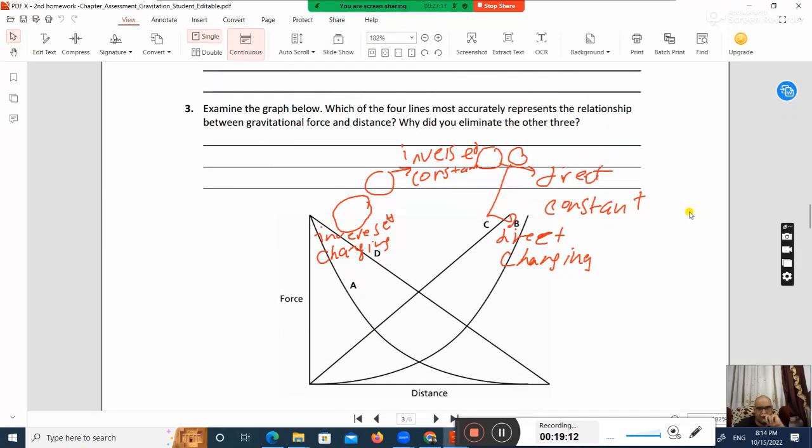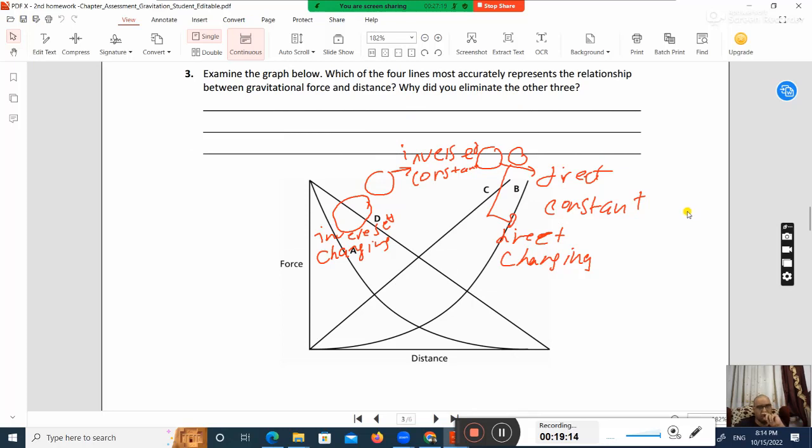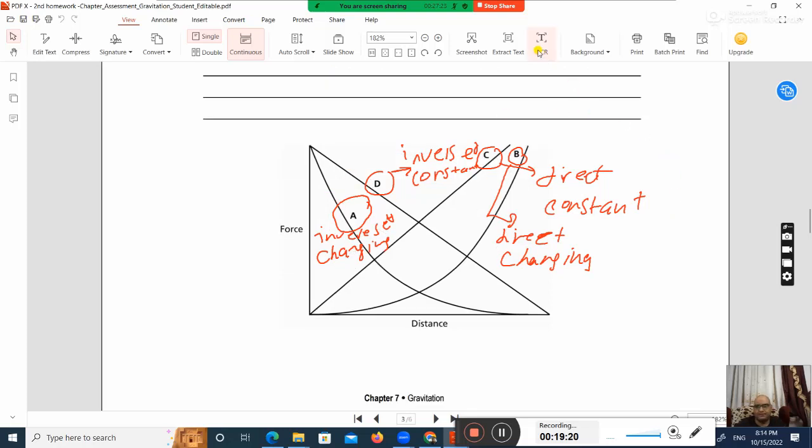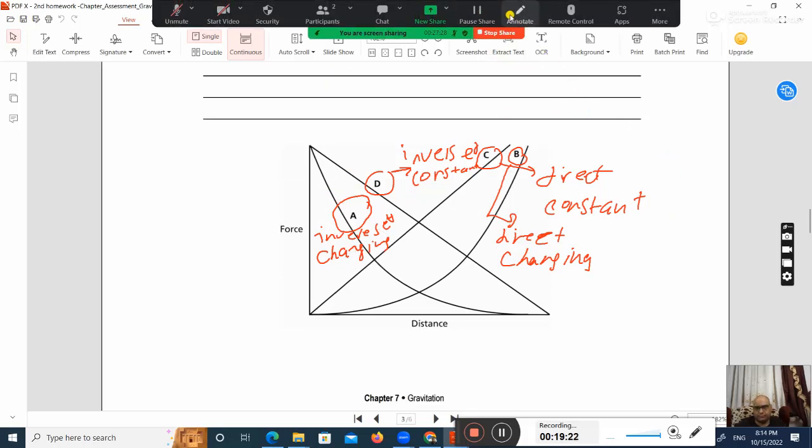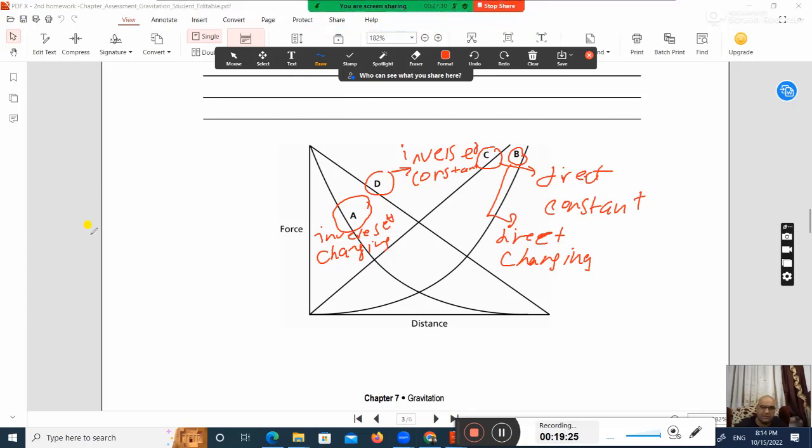The relation between the gravitational force and the distance. So we have to return back. Gravitational force, Fg, and the distance. Fg equals G m1 m2 divided by r squared.